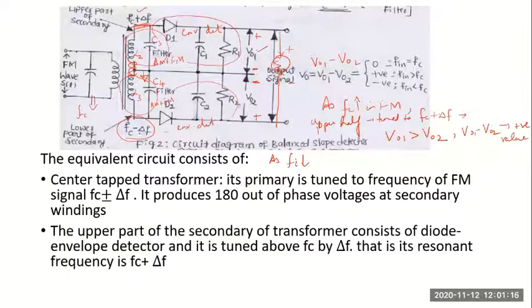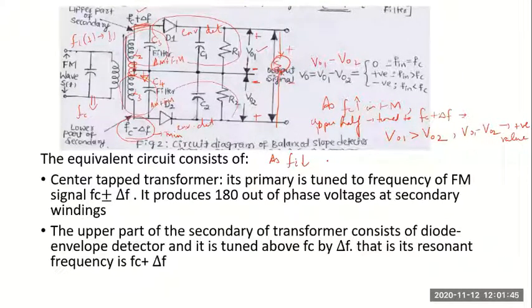The tuning frequency of the lower slope detector was Fc minus delta F, which corresponds to the minimum frequency in the FM signal. So what is happening here? As this instantaneous carrier frequency at the input is decreasing, the lower half of the transformer secondary will be moving towards its tuning frequency.